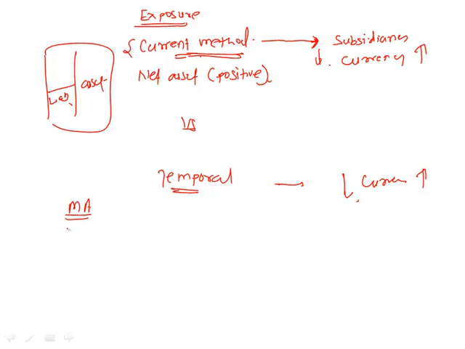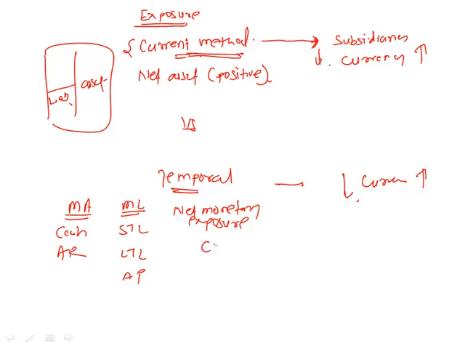But think of temporal method. Your monetary assets are typically cash and accounts receivable, but your monetary liabilities will have short-term loan, it will have long-term loan, it will have accounts payable. So in most of the organization, the value of monetary liabilities would be higher than monetary assets. That means they will have net monetary asset as the exposure, and typically net monetary asset would be a negative value, which means my liabilities at current rate are higher than the assets, and therefore I would want that foreign currency to depreciate.